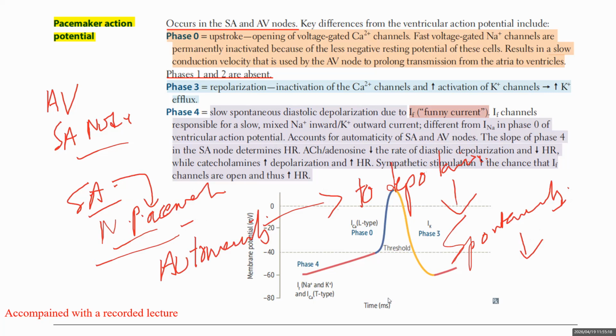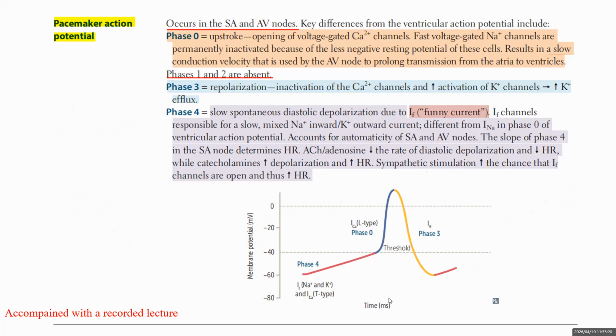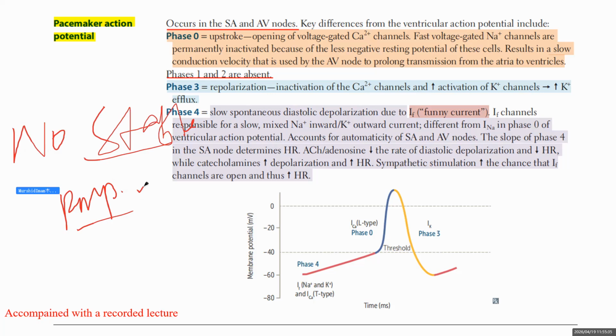So what is the main difference in the pacemaker action potential? It is quite different from the ventricular action potential, and the key difference is that there is no stable resting membrane potential. There are only three important phases: phase 0, phase 3, and phase 4.